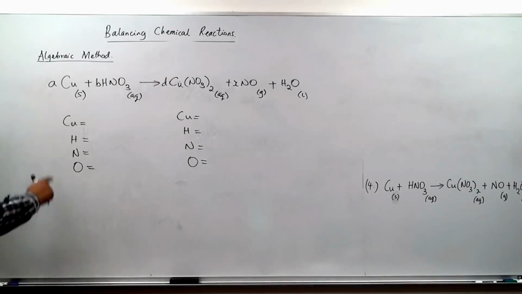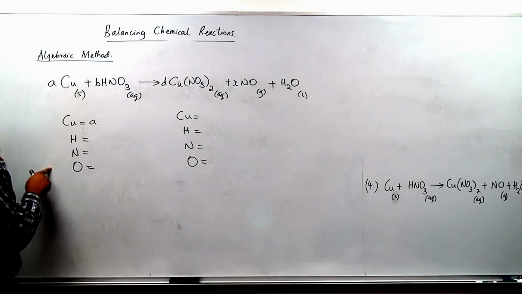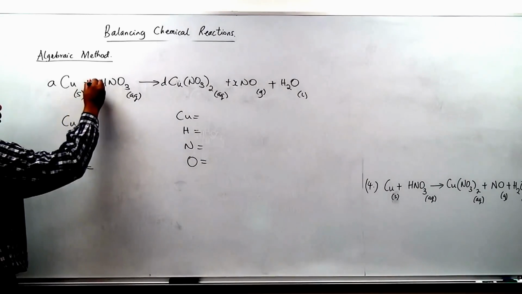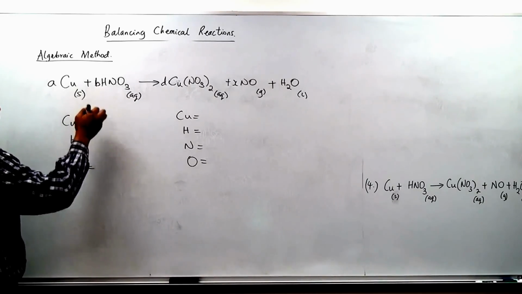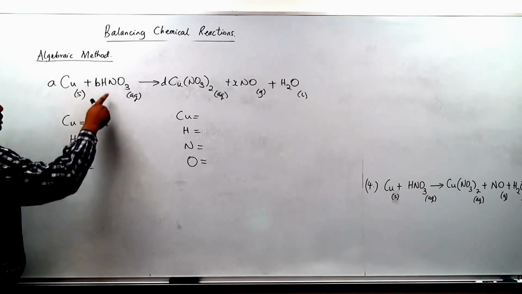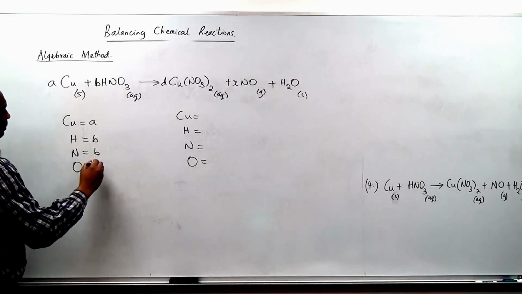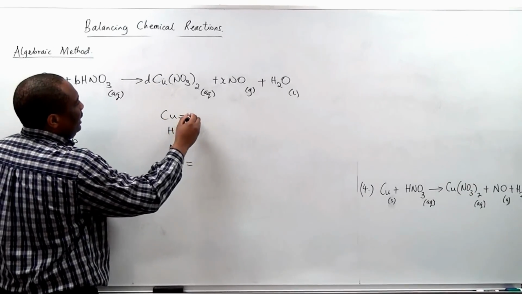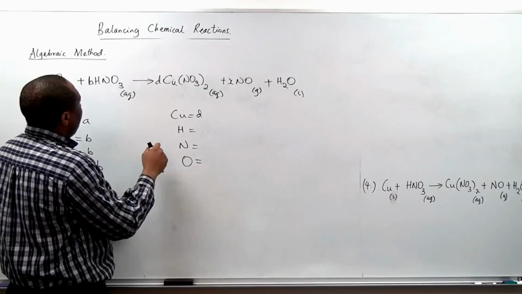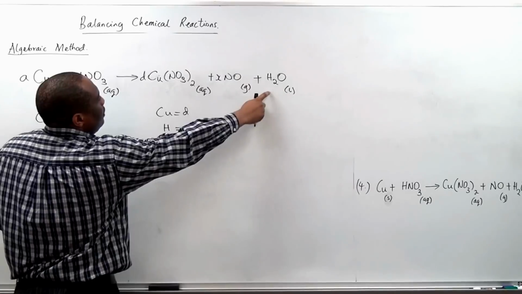Okay. So we can now write our copper is A, right? Then our hydrogen is B here. Nitrogen is B. And oxygen is 3B. Then here our copper is D, right? Hydrogen is 2.